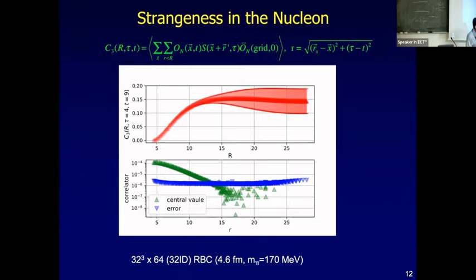Once estimated, let's look at this property here. You create a nucleon, for example, at position 0, and you end it here at a certain position x. You do a projection to get zero momentum at a certain time t. But in between that, you insert a strangeness loop.